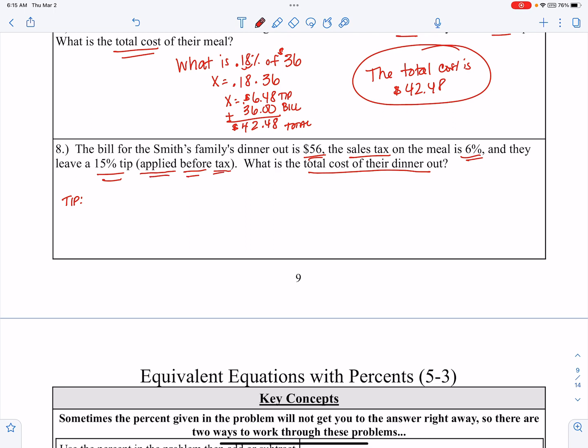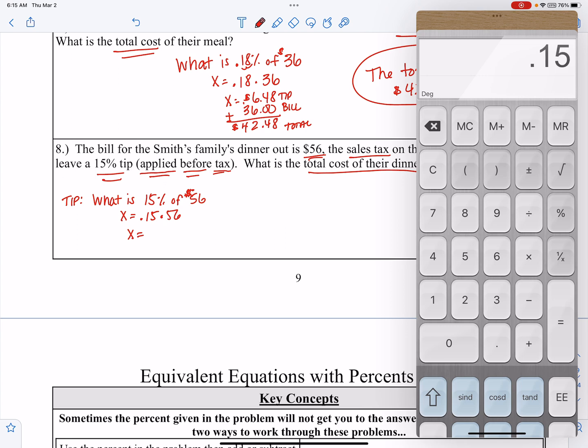Okay, and so we have what is, and tip is 15%. 15% of the original cost of my meal. So we have x equals 0.15 times 56. And so my tip ends up being $8.40. Okay, so this is my tip.